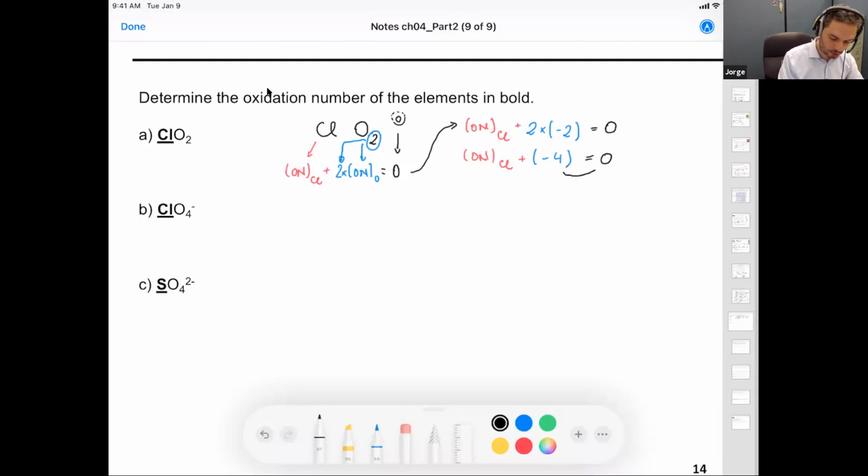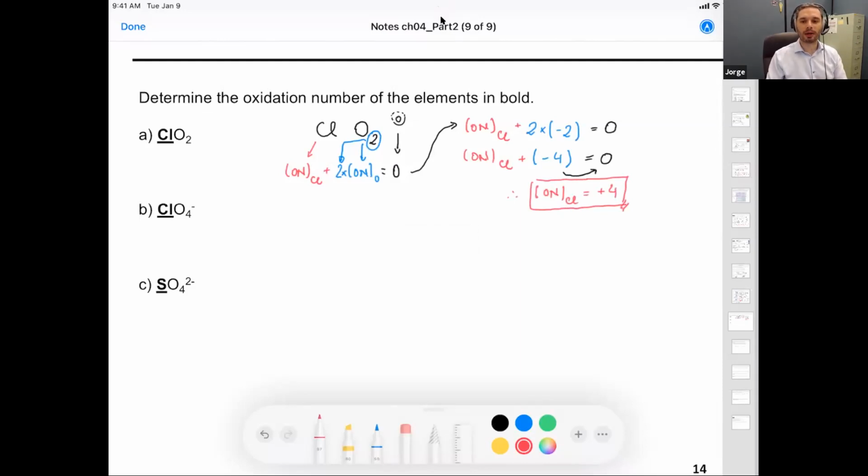There is only one solution for this equation, and the solution is that oxidation number of chlorine is equal to plus 4, or if you want to write 4 plus, that's also correct. Okay, and that's how you determine the oxidation number for the elements in a compound.